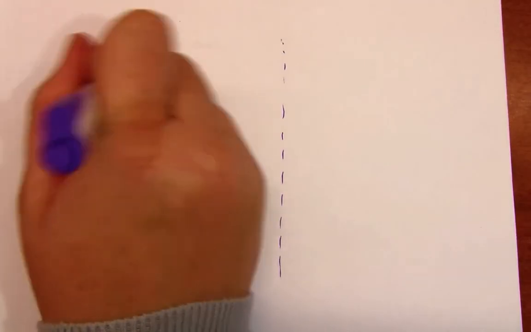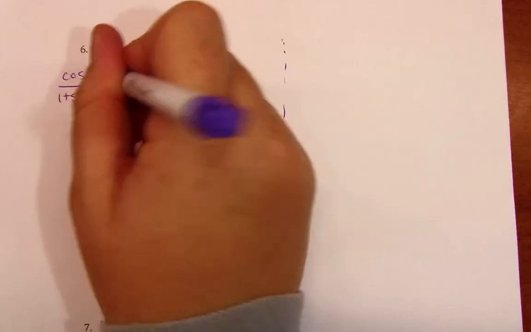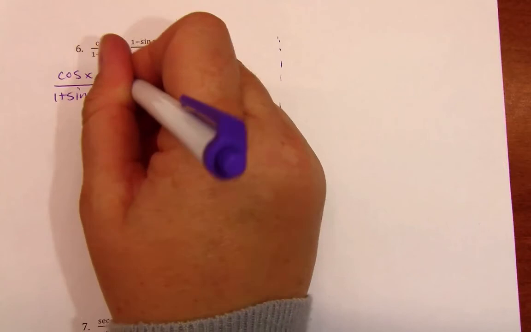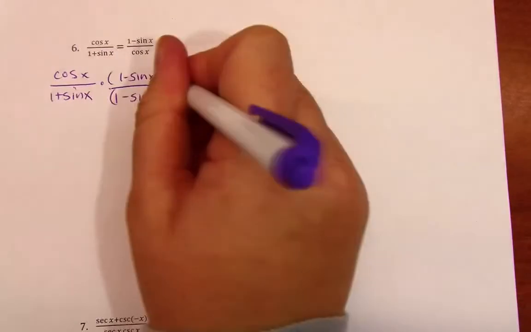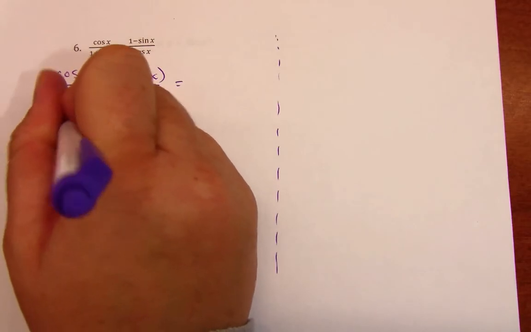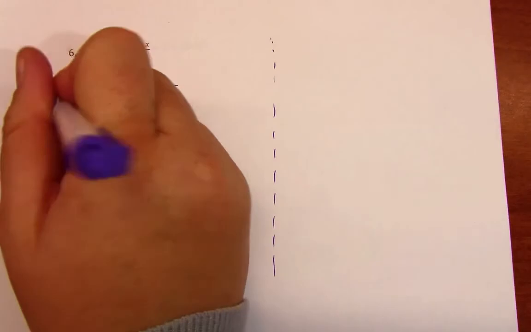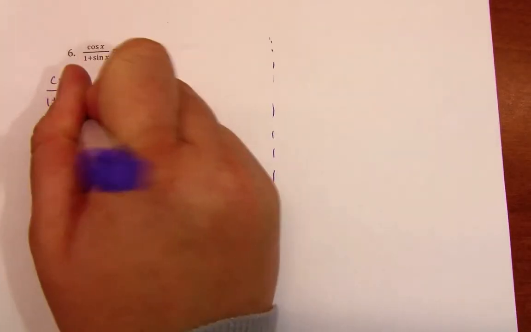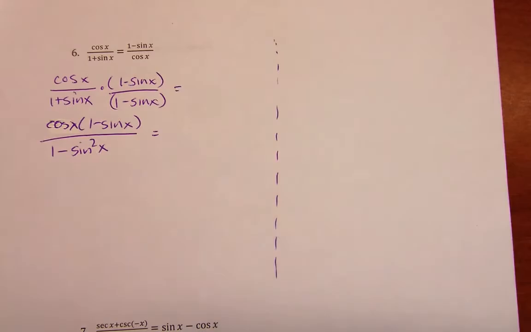Now I'm going to choose first to work on this side. Let's work on this side first. So I have cosine x over 1 plus sine x, and I'm going to multiply by the conjugate of the denominator. So 1 minus sine x, 1 minus sine x. And those cancel out, and I have cosine x times 1 minus sine x over 1 minus sine squared x.